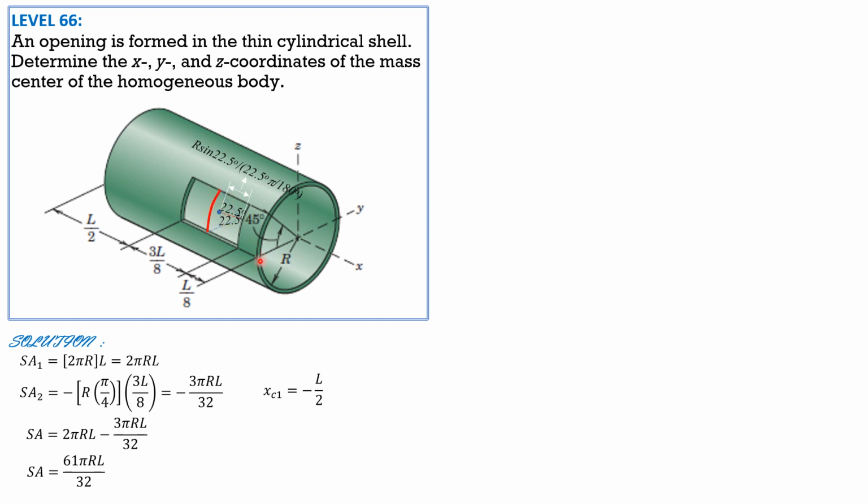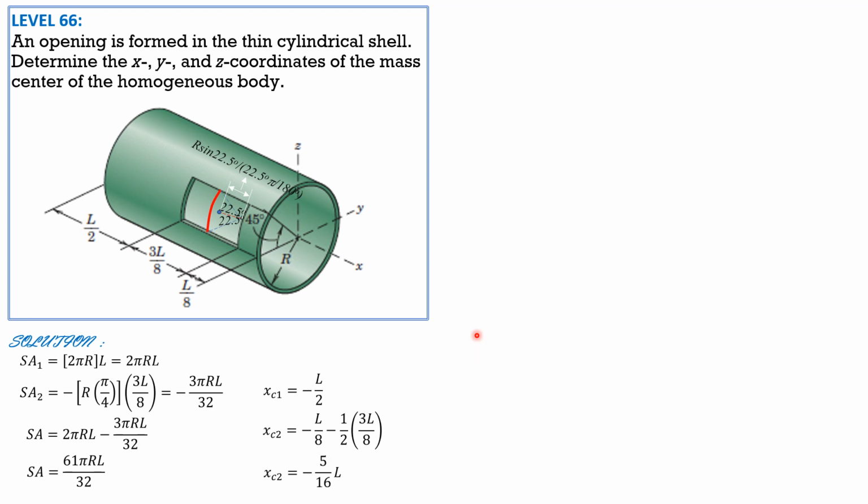So the distance is negative L over 8, then half of 3L over 8. So negative L over 8 minus 1 half of 3L over 8. So the centroid is here, and the distance from the YZ plane to that centroid is this: negative 5 over 16 L.